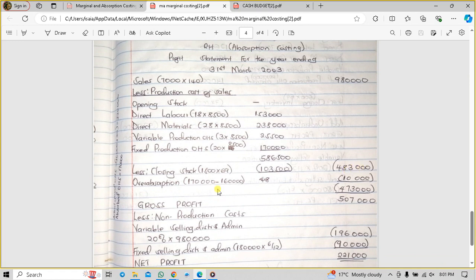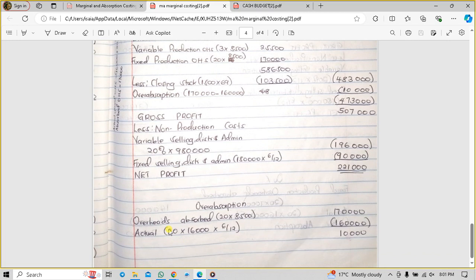483,000. So also in absorption costing, we are going to consider what is called over absorption. And when there is an over absorption, we normally do what? Subtract. So what is over absorption?